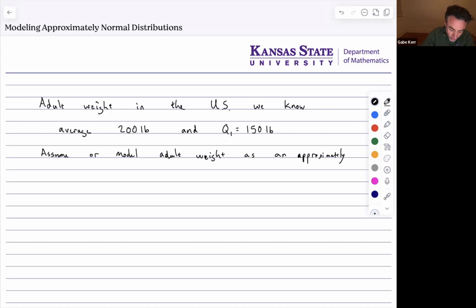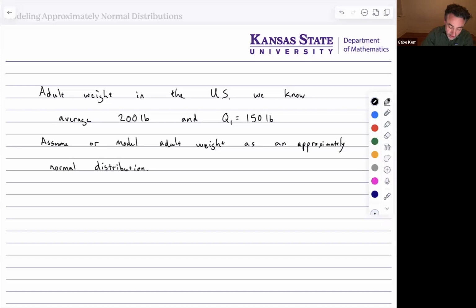So we can then ask some other questions, but in order to answer them, we need basically two bits of information to use this model. Almost always you need these two: one, the mean, and two, the standard deviation.